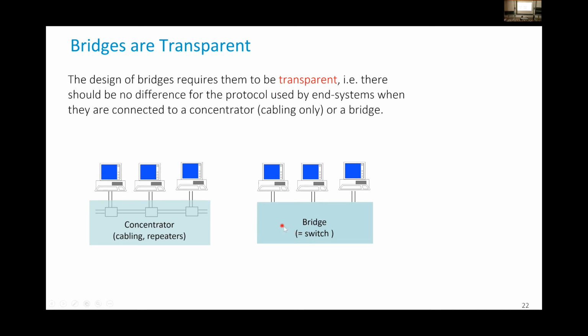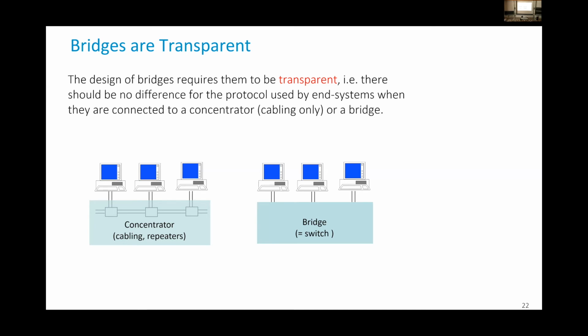And when doing that, there is the requirement that bridges are transparent. Transparent means what? Means that if I do the left or the right, there should be no difference in the end system. So whether I'm directly connected over a coaxial cable to 20 other machines, or I'm connected over a twisted pair to a box that does the switching, from the Ethernet protocol, from the frame format, from the fields that are in the header, there should be no difference.